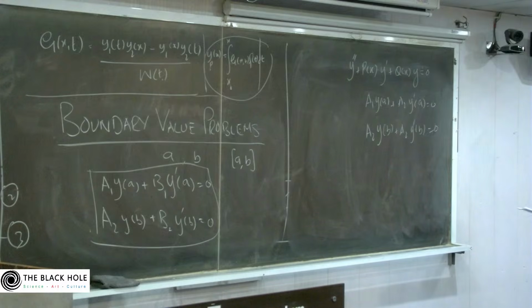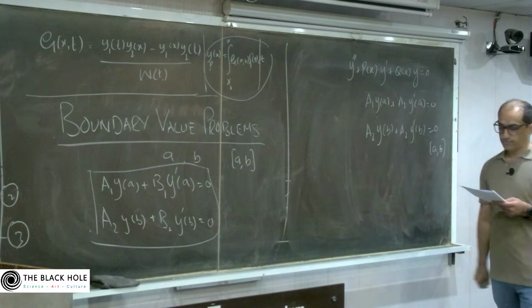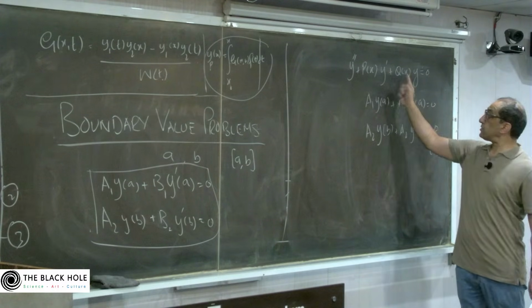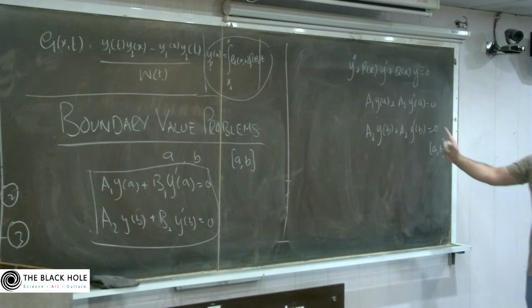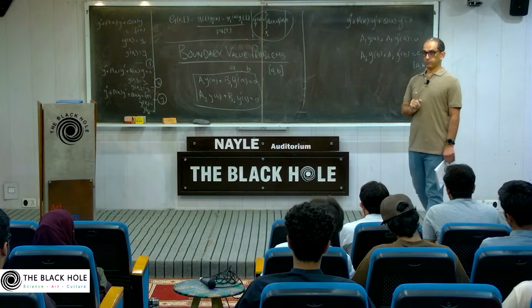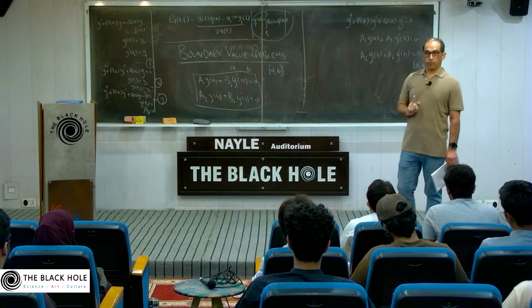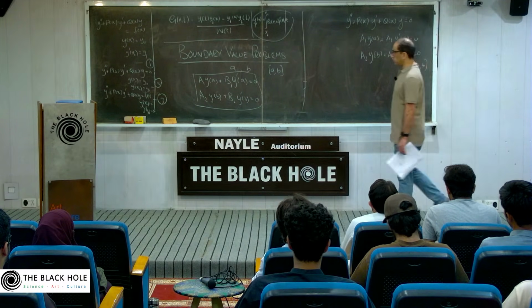And p and q ought to be continuous over the interval AB. That is the prerequisite for any solution to be a legitimate solution here. Okay?